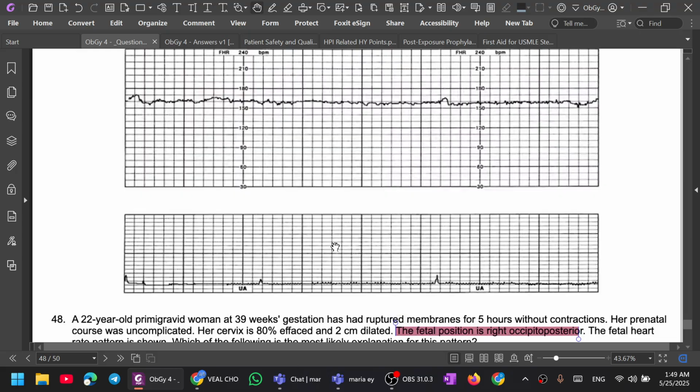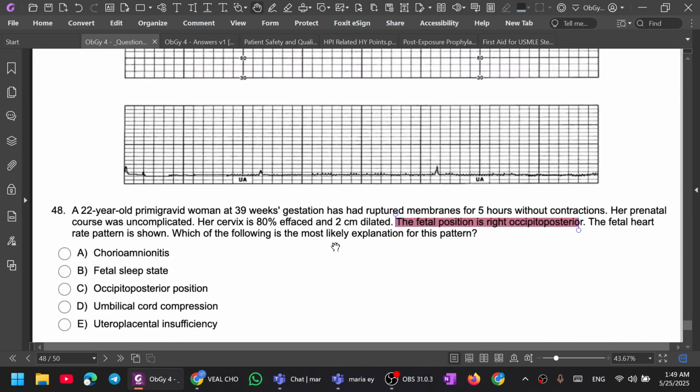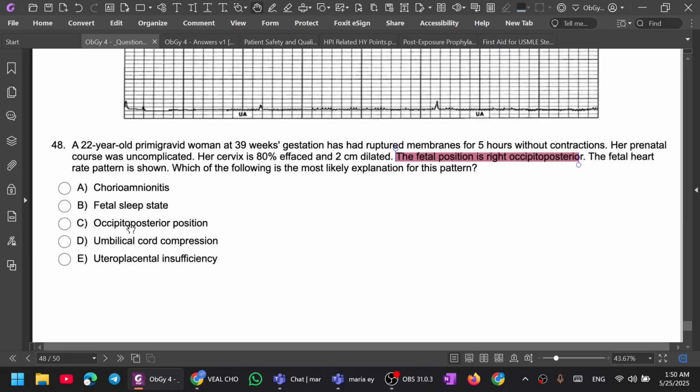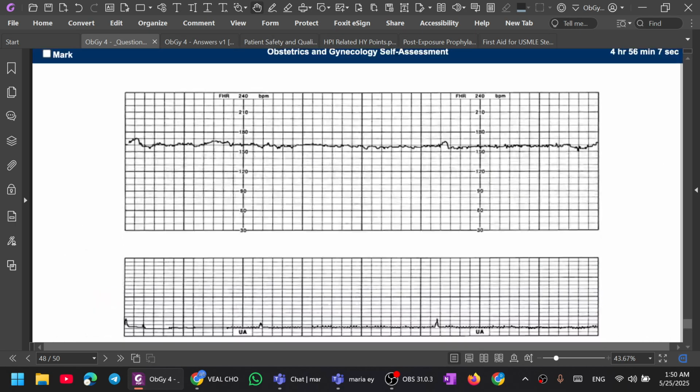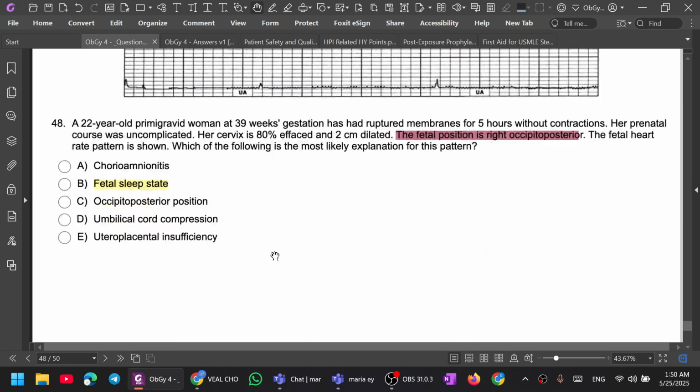Isn't it a sinusoidal pattern? Is this right? That's caused by what? Baby sleeping? Maybe, because the heart rate is normal. Yeah, that's true.